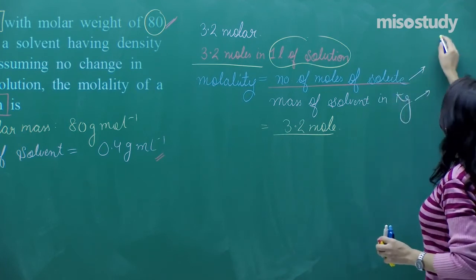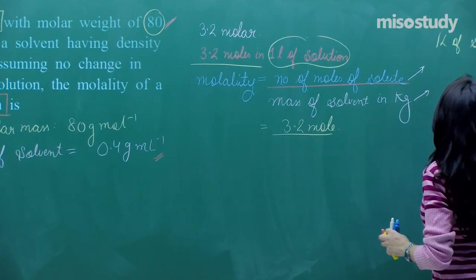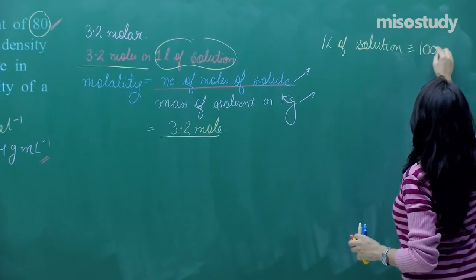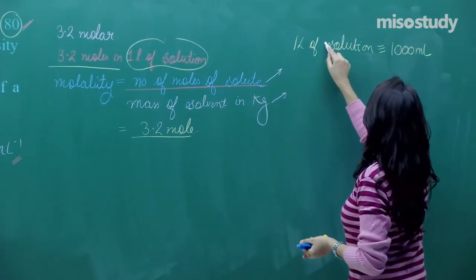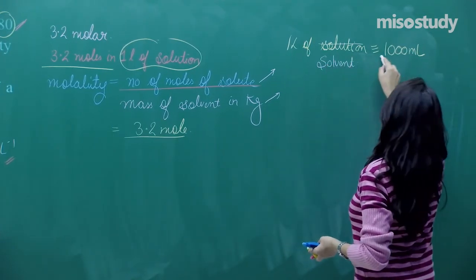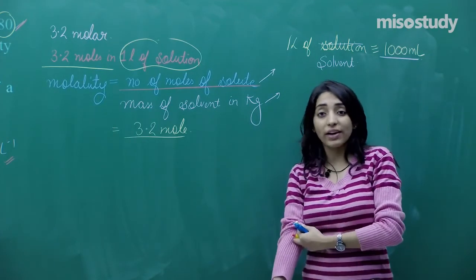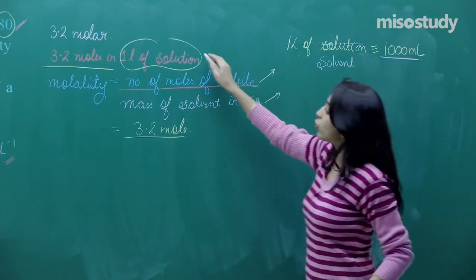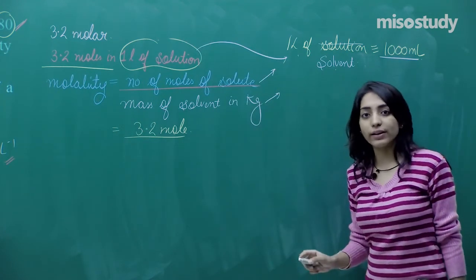So we can say that 1 liter of solution, which is nothing but 1000 ml, can be taken as the volume of solvent also, 1000 ml. This assumption is given to us in the question itself. So I am just assuming that there is 1 liter of solvent. So 3.2 moles of solute are present in 1 liter of solvent.